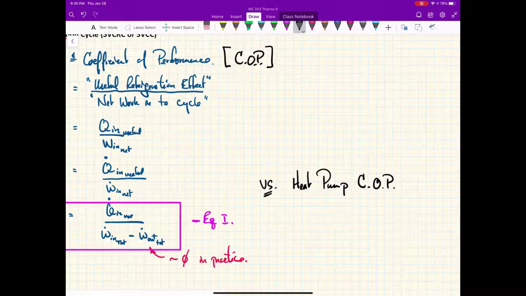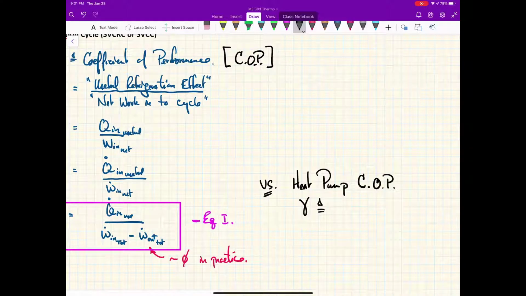So the heat pump COP is very similar in definition to beta. A heat pump is different from a refrigerator in that what we are trying to do here is heat up the hot reservoir by extracting heat from a cold reservoir. So if you will, we're on the opposite end of the spectrum of our two reservoirs.